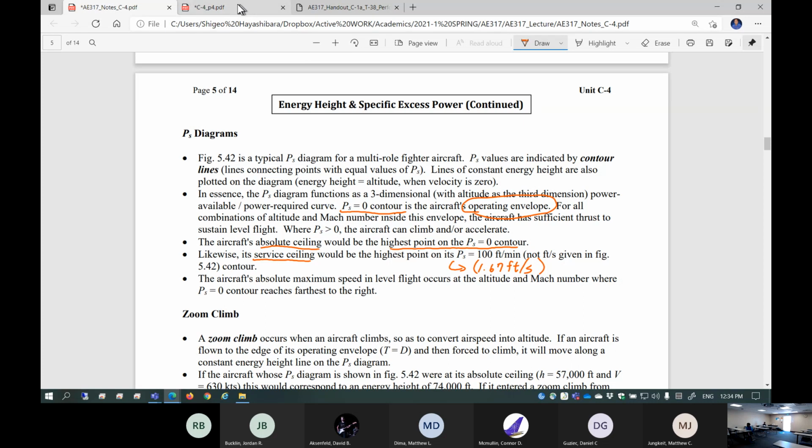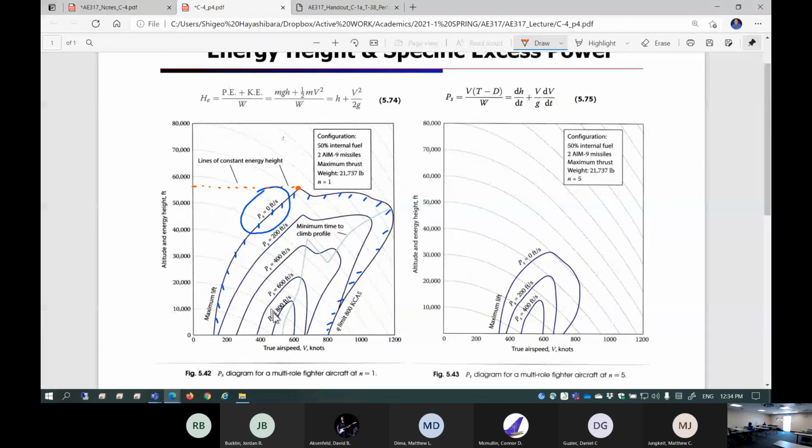So if you take a look at this plot, it's hard to see. Suppose you have another contour, PS equal to 1.67 feet per second contour. Suppose such a contour is available, such as this.